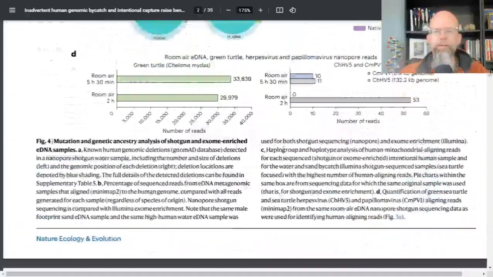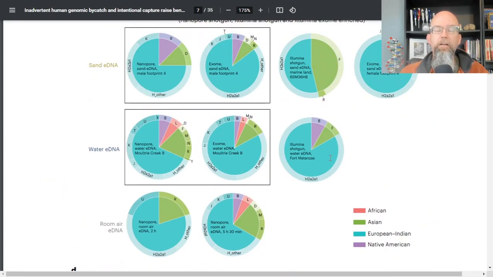I'm going to try to read their language here: haplotype analysis of human mitochondrial aligned reads for each shotgun sequence. So the mitochondrion tracks your mother's lineage, and we have basically a breakdown of the entire history of humans.